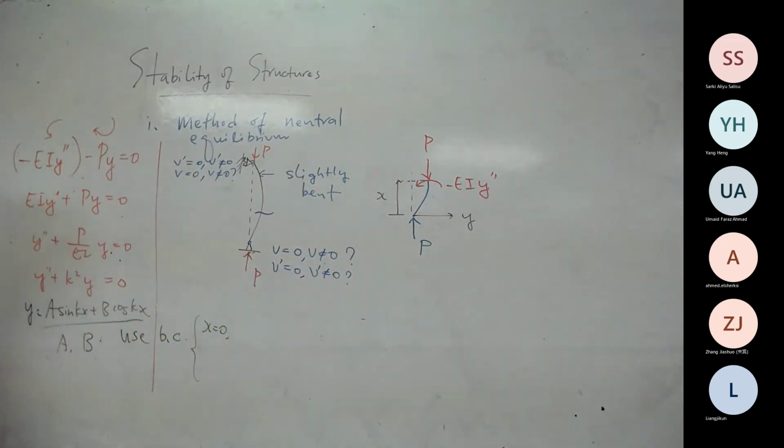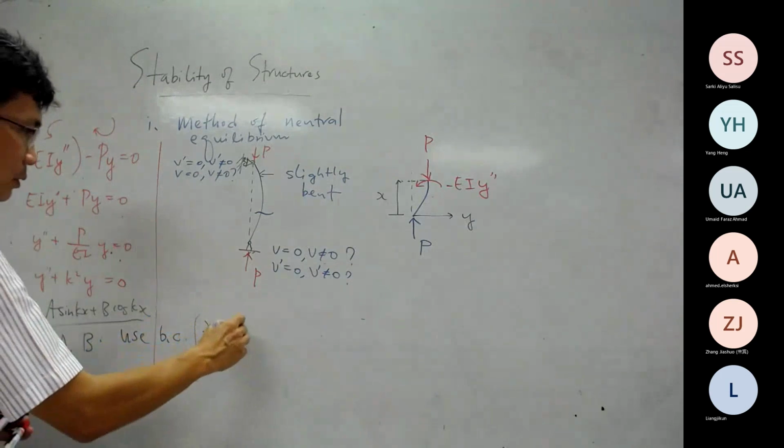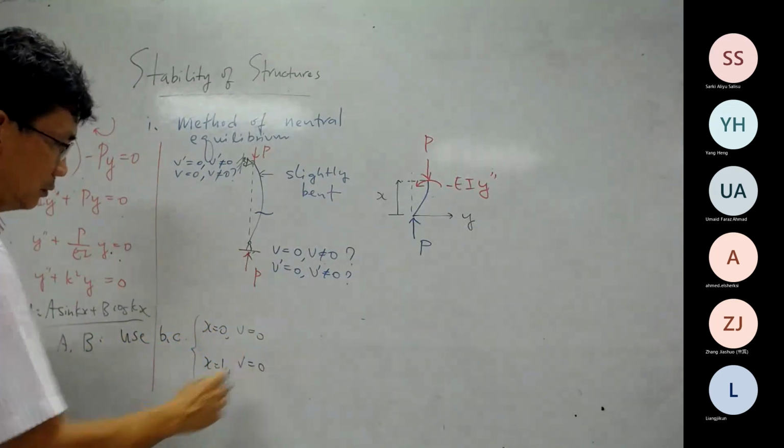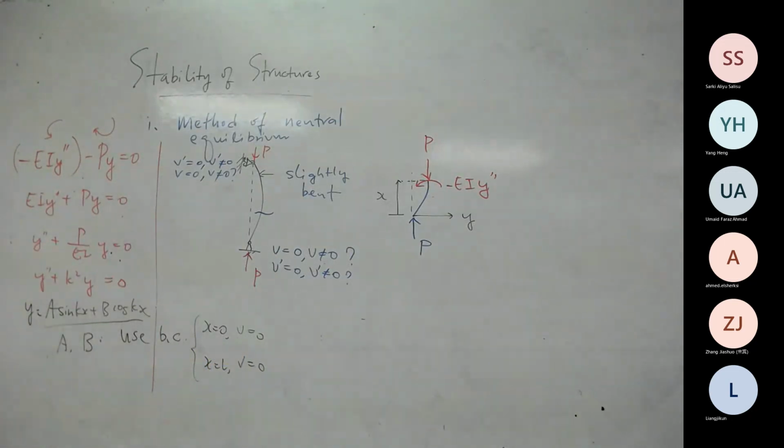The boundary conditions we have here are: when x is equal to 0, v is equal to 0. When x is equal to L, v is also equal to 0. So that is the step to get the boundary conditions. To determine these constants, we must use boundary conditions. So from here, we can get what A is and what B is.